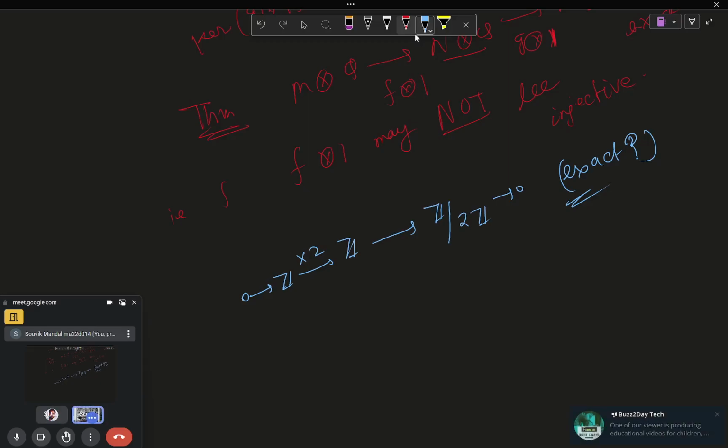Check that this sequence is exact or not. It is not exact because it's not an injective map, multiplied by 2.